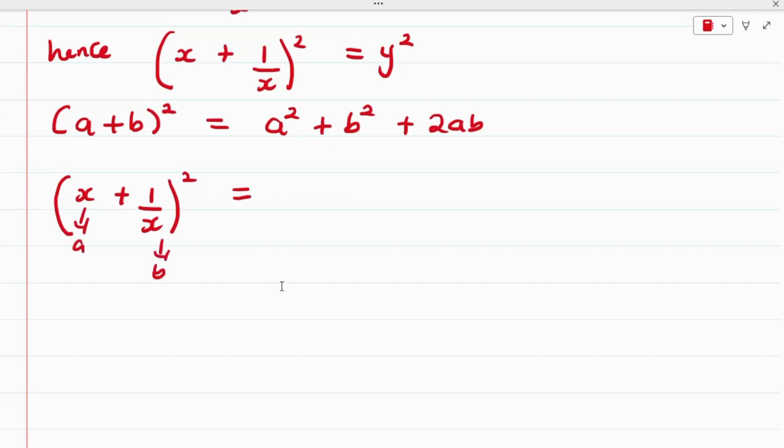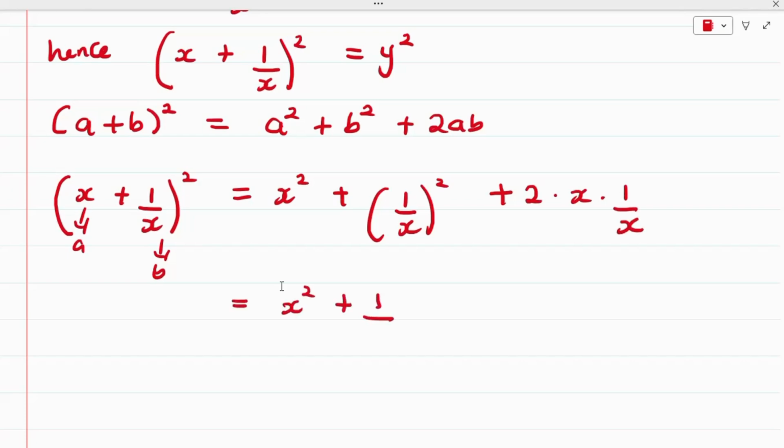So we have (x) squared plus (1 over x) all squared plus 2 multiply x multiply 1 over x, and this is equal to x squared plus 1 over x squared plus 2x over x. Alright, and this is all equal to y squared. Recall that this is equal to y squared.